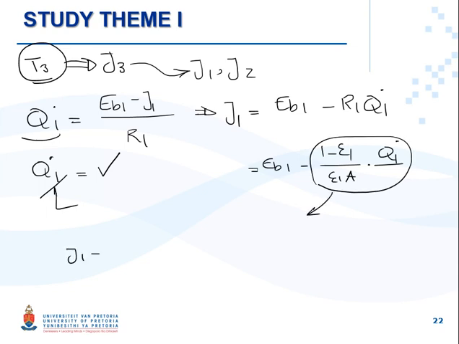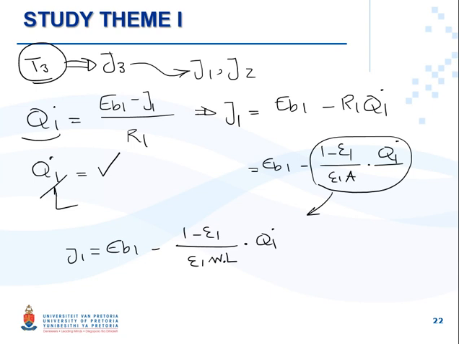So EB1 minus 1 minus epsilon 1 over epsilon 1 W multiplied by L times Q dot 1.